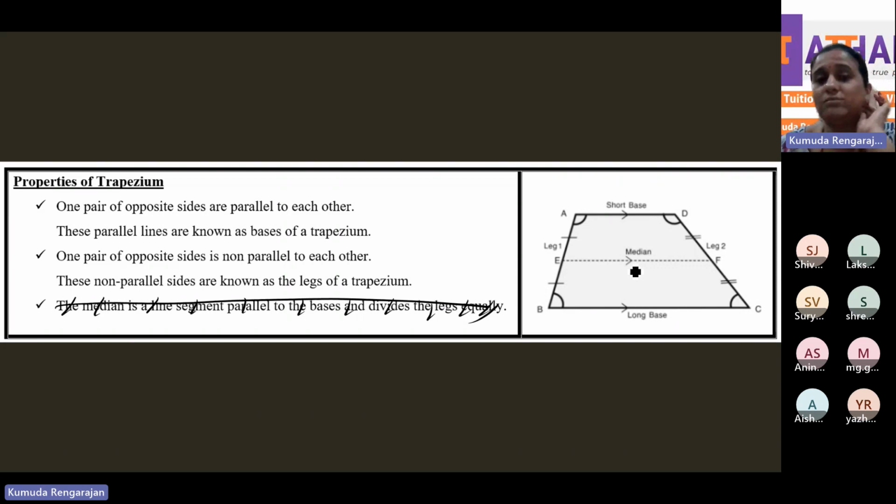So when it's a trapezium, you have three keywords: bases, legs, median. Bases are the parallel sides. Legs are the non-parallel sides. Median is the line segment joining the midpoints of the non-parallel sides of a trapezium.